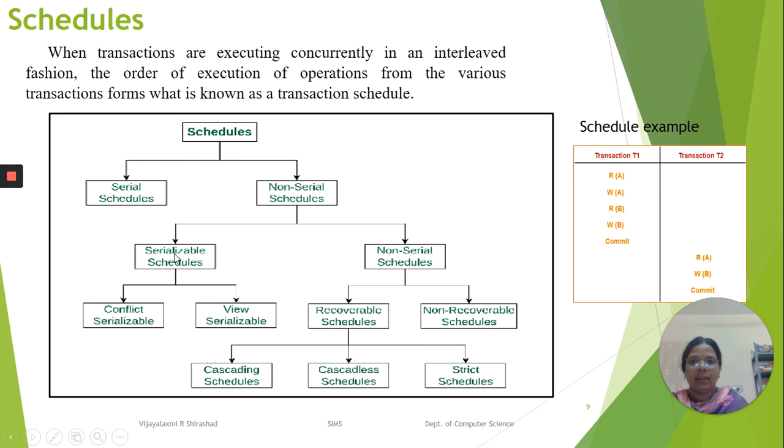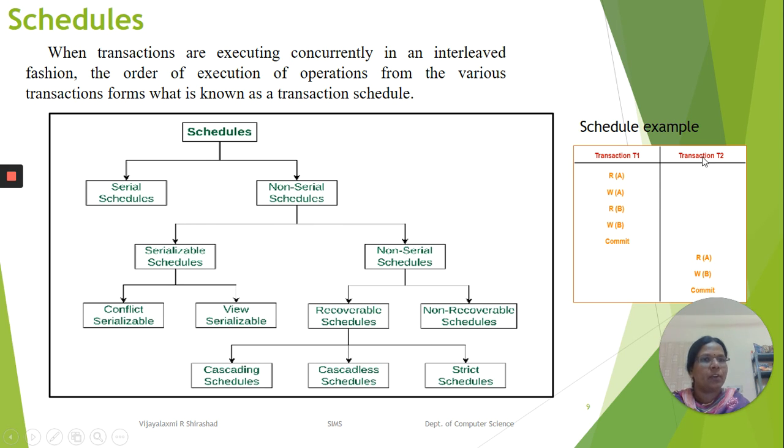Non-serial is again defined as serializable, and in serializable there are conflict serializable and view serializable schedules. In non-serial there are recoverable and non-recoverable schedules, and in recoverable there are cascading and strict schedules. For our study, we will study serial, non-serial, serializable, conflict serializable and view serializable schedules.